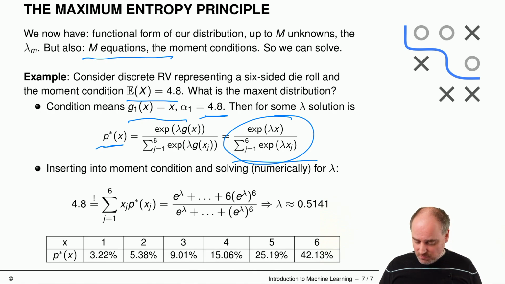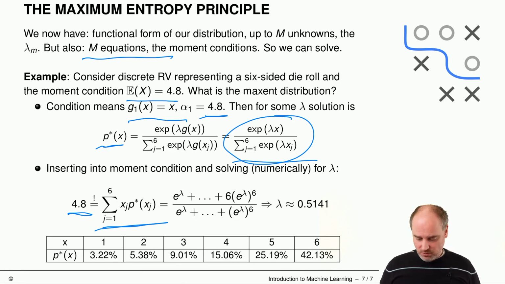And we now do exactly what I said before. We use our moment condition. So we have one equation and we write down our moment condition. The expected value of this thing here is 4.8. We plug in the functional form we are given of our probability mass function.